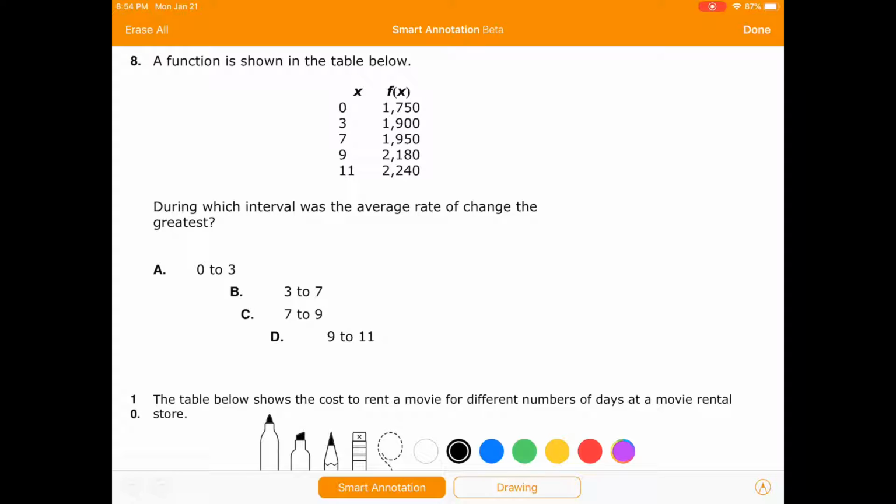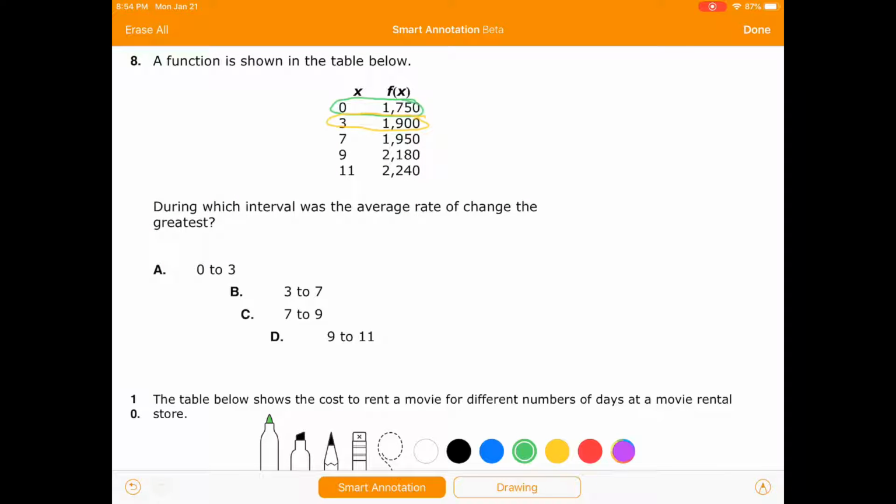I'm going to try to color code it as much as I can. So we're going to take 0 to 3 and figure out the rate of change.